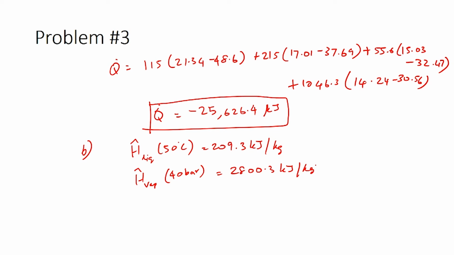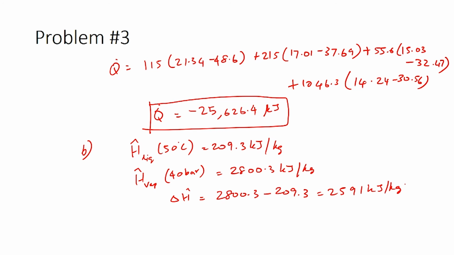So, the total change in specific enthalpy for the water coming in at 50 degrees Celsius and leaving as saturated water vapor at 40 bar would be 2800.3 minus 209.3, which is 2591 kilojoules per kilogram.